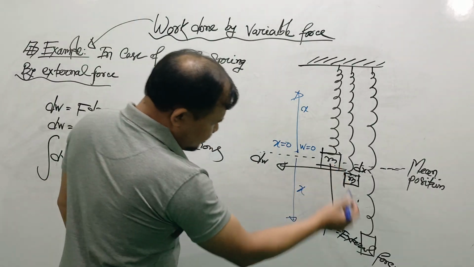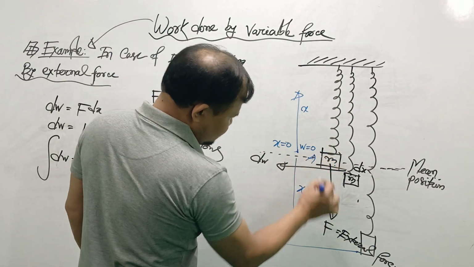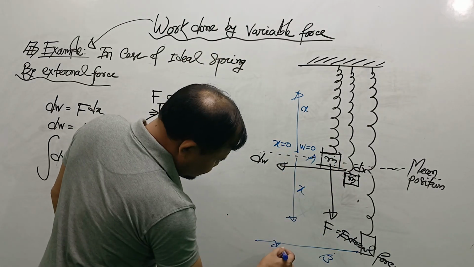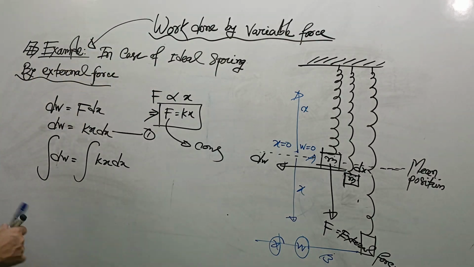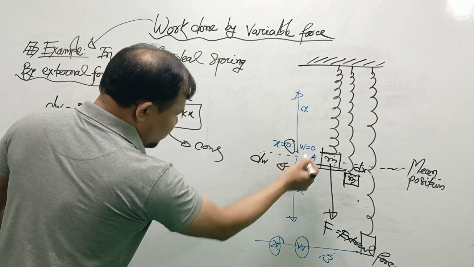When the body comes here, from point A to B, the displacement will be x and the work done will be total W. Okay, now we put the values. When the displacement is 0, the work done will be 0.